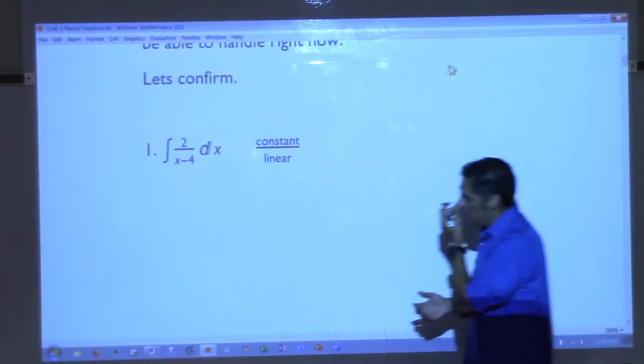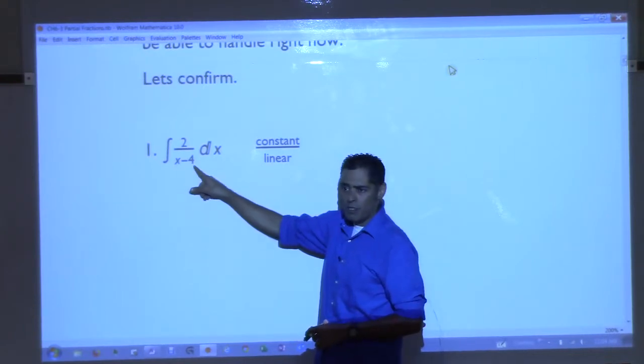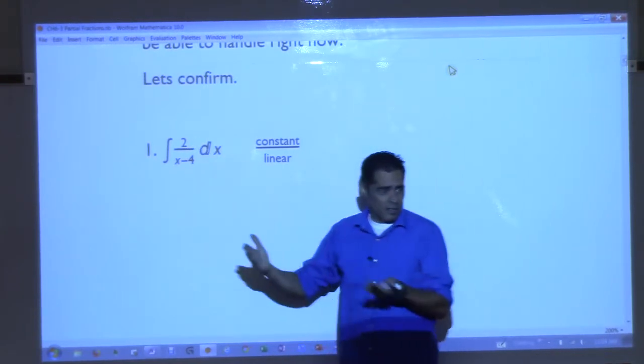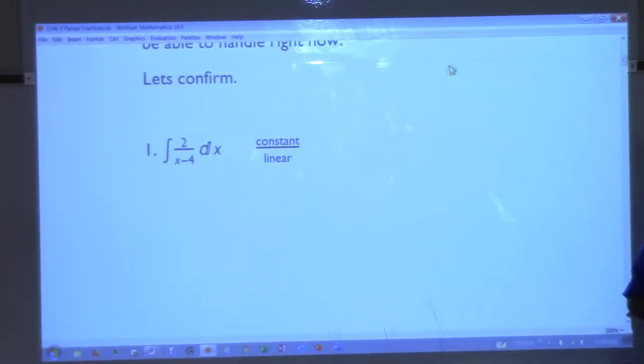If we're ever doing an integral where we have a constant divided by a linear expression, 2 is a constant, x minus 4 is a linear expression in x, then we should be able to handle that almost immediately. So how would you integrate that?